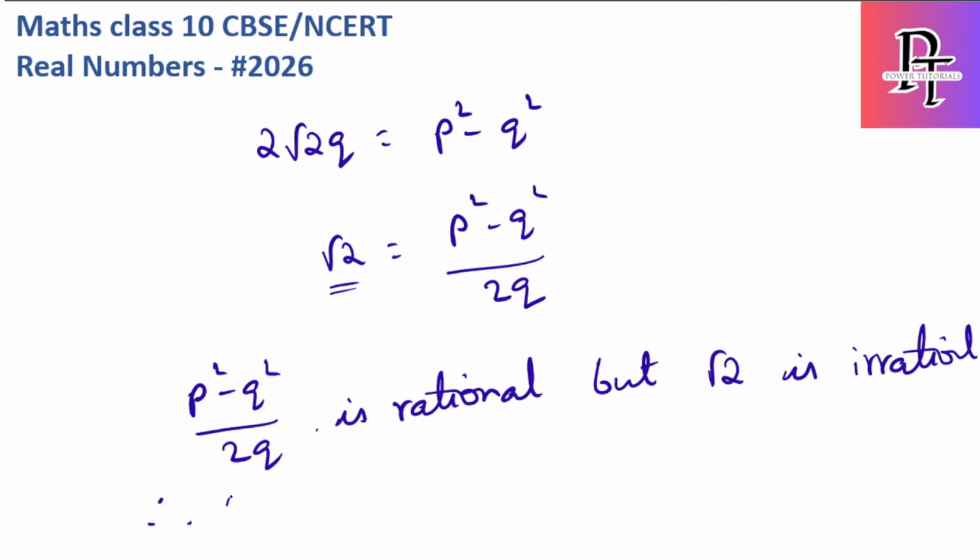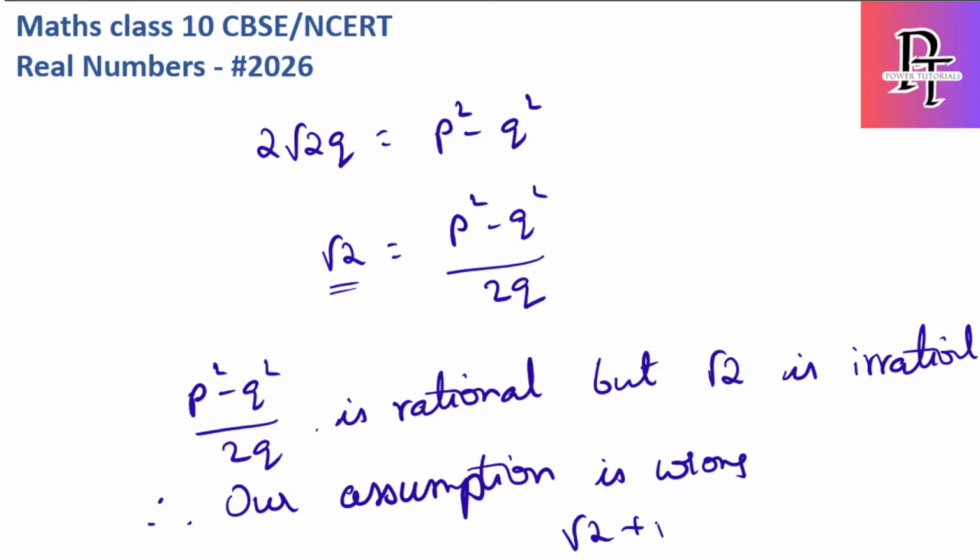Therefore, our assumption is wrong. Therefore, I can say root 2 plus root 3 is irrational.